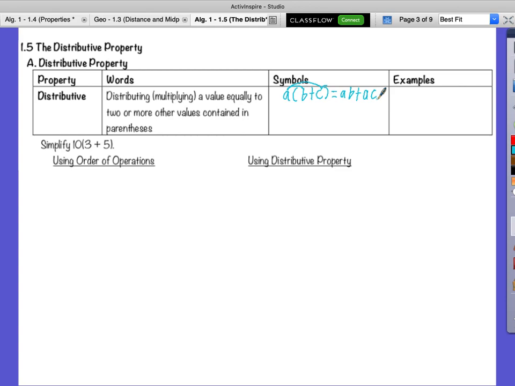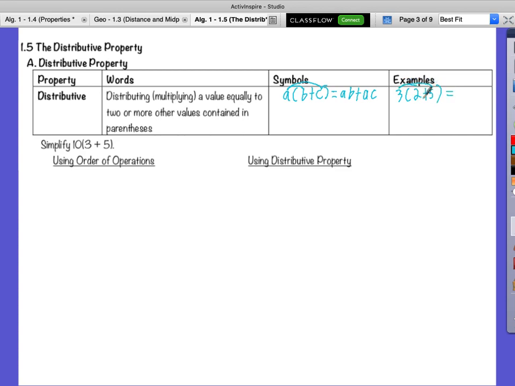For example, if we had 3 times (2 plus 5), we're saying you can distribute that 3. You don't just multiply the 3 times the 2, or just the 3 times the 5. You would distribute that.